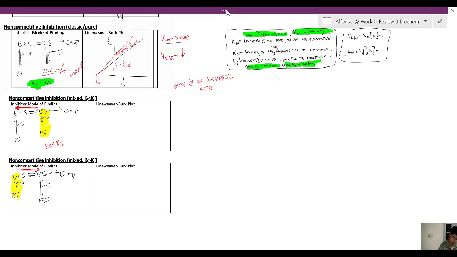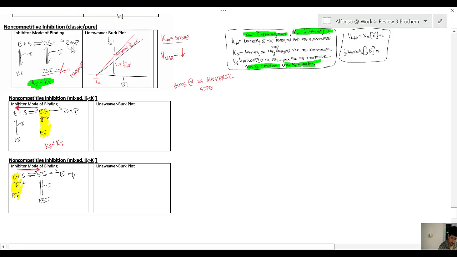Alright, so if the equilibrium shifts in the direction of the free enzyme, then what's going to happen is Km is going to what? Is it going to increase or is it going to decrease? Think about it for a second. If the ES complex is degrading and going back to enzyme plus substrate, does that mean that it's unbinding or that it's binding more substrate?